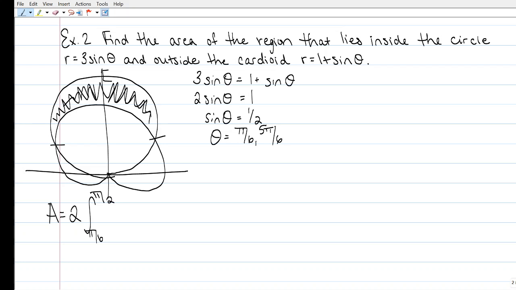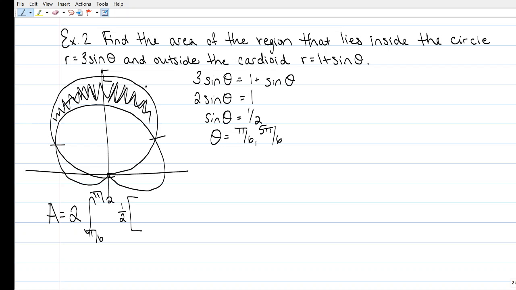Then I want to find the area of r squared d theta, but I have 2 r's to be concerned about. So we have 1/2, just like we did back in Calc 1 where we took upper function minus lower function. We're going to do that here.